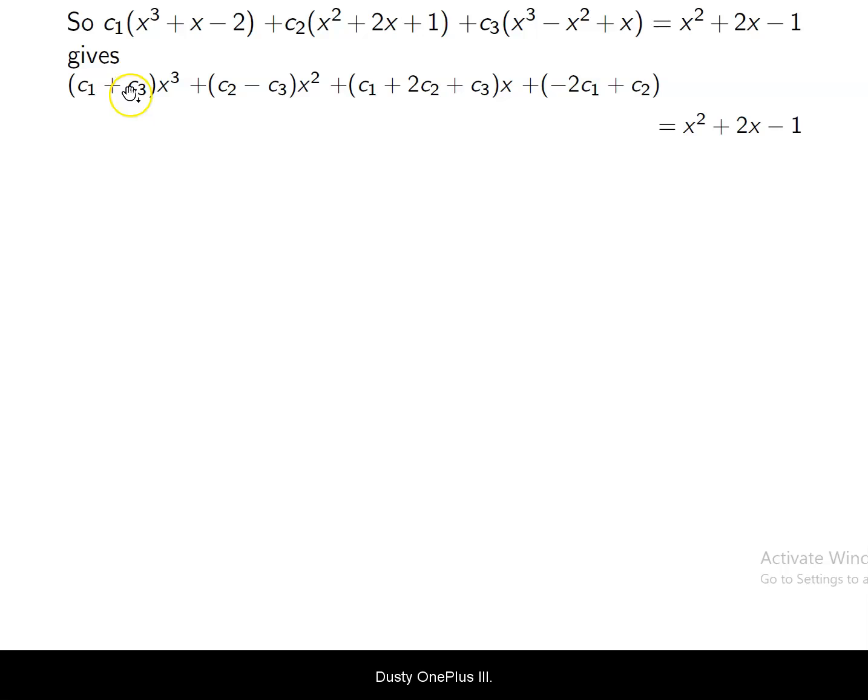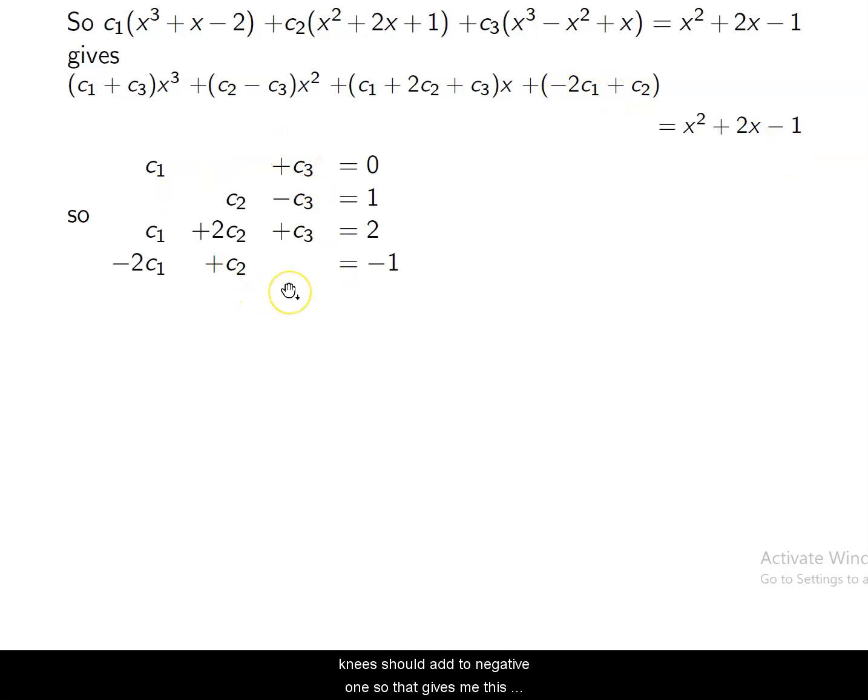So C1 plus C3 will equal 0, because there are no x cubed terms on the other side. The next should equal 1, these should add to 2, and these should add to negative 1.